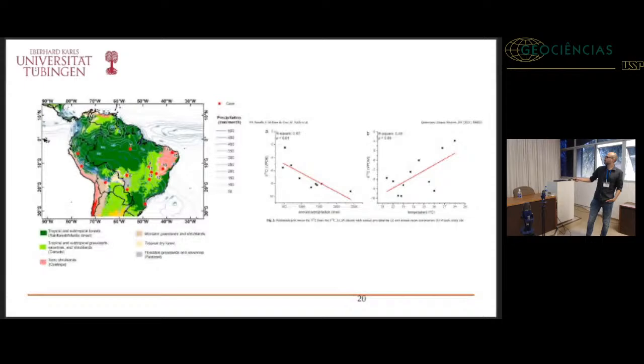This indicates that places with more precipitation have less PCP. In places that are drier, you have higher δ13C because you have more PCP. The correlation here was pretty high, 0.7. It was very significant. And the correlation with temperature of these regions was also quite significant.